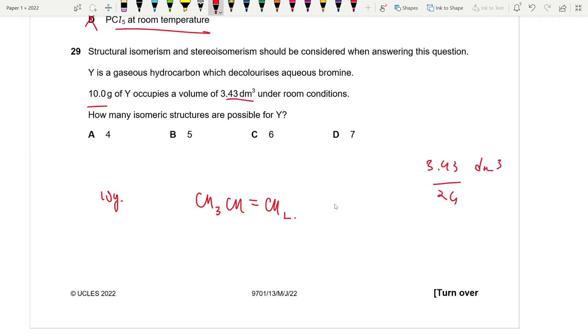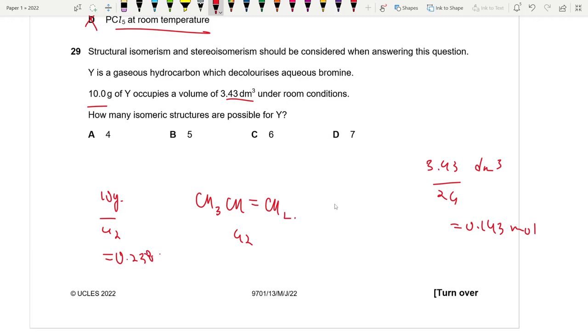How much is that? 3.43 by 24 is 0.143 moles. So it needs to match 0.143. Let's find out the Mr of this. 12 times 3 plus 3 plus 1 plus 2, that's 42. 10 divided by 42 is 0.238. So it doesn't match.